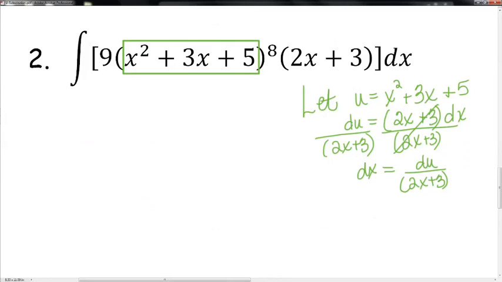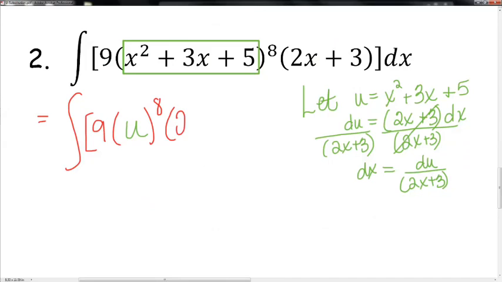So now we can go ahead and substitute in. So this is equal to 9 times, and remember I had a box around this, this is going to be my new u. So it's u to the 8th times 2x plus 3.